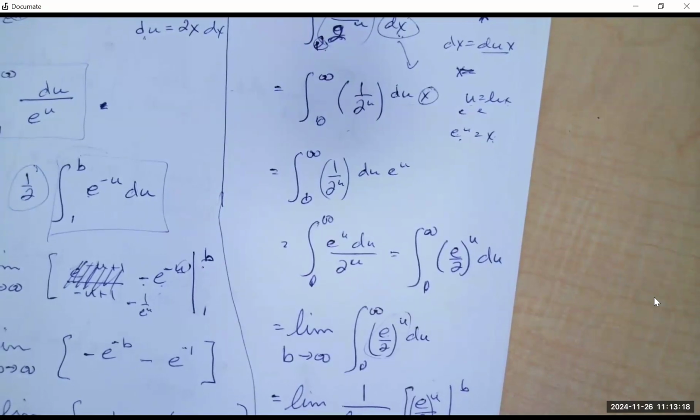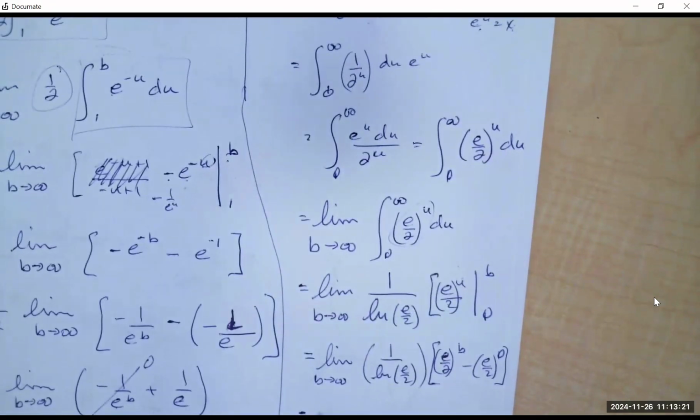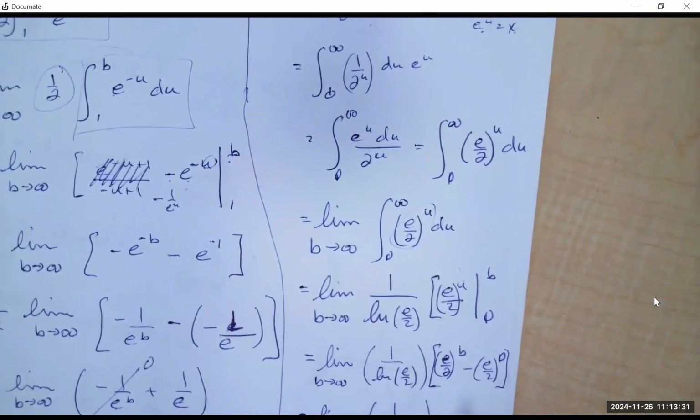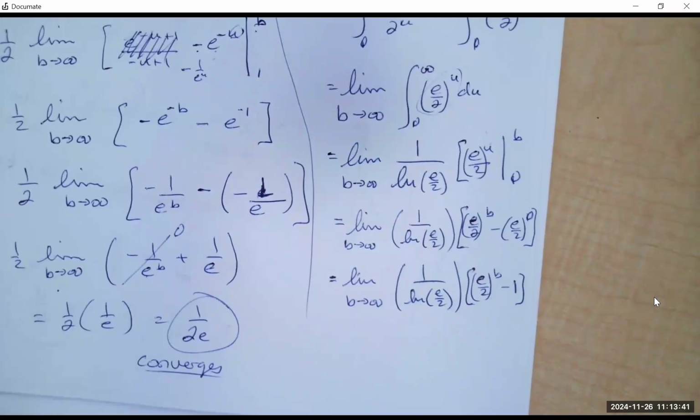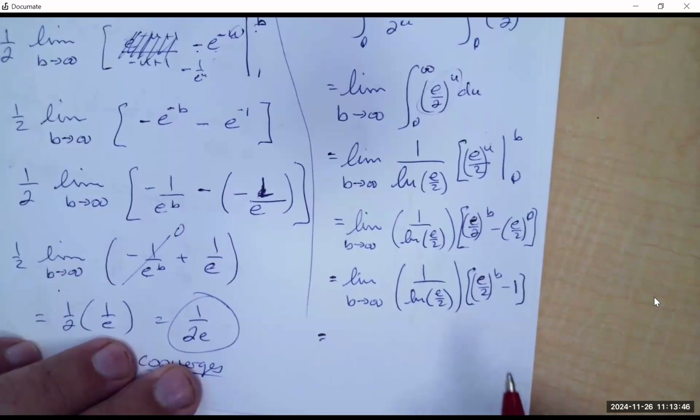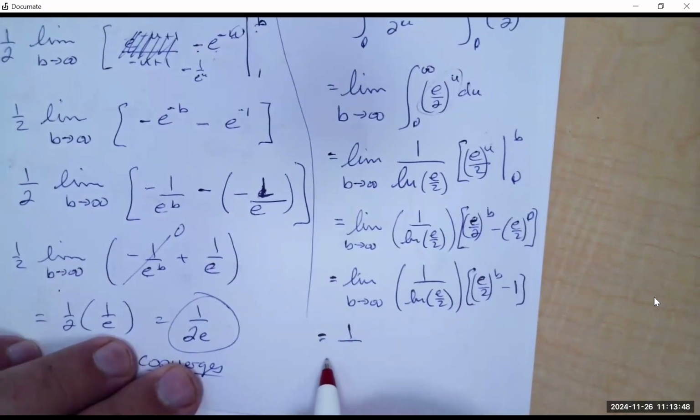So it's going to be e to the 0. So we have the limit as b goes to infinity of 1 over ln(e over 2) times (e over 2)^b minus anything to the power 0, which is 1. So I have 1 over ln(e over 2), that's a constant.